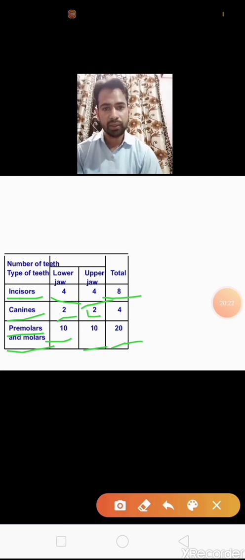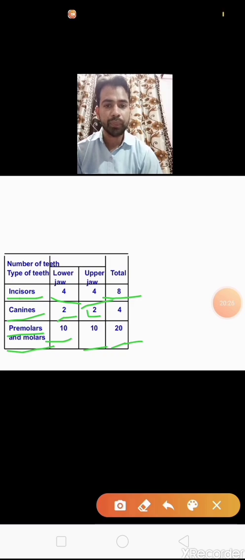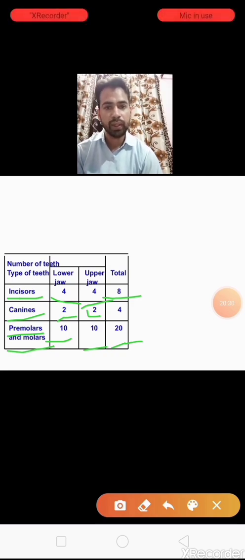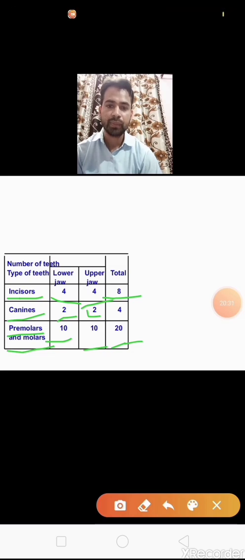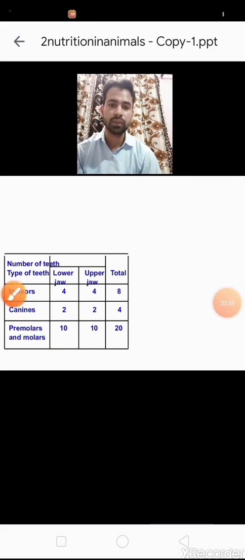Okay children, so the total number of teeth we have is 32: 8 incisors, 4 canines, and 20 premolars and molars.